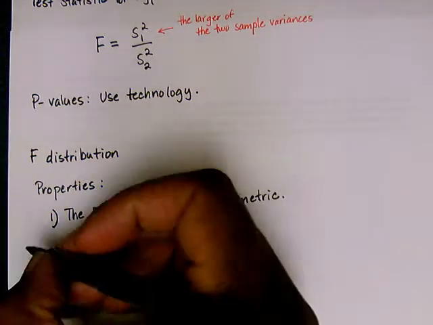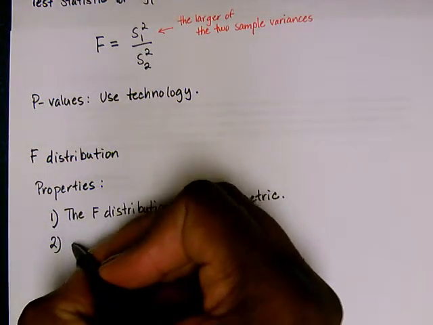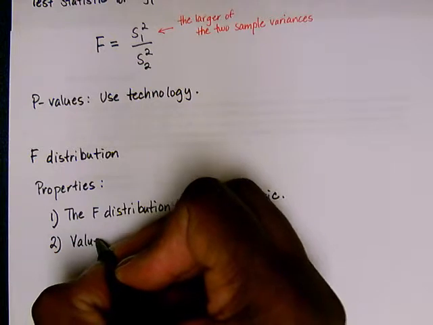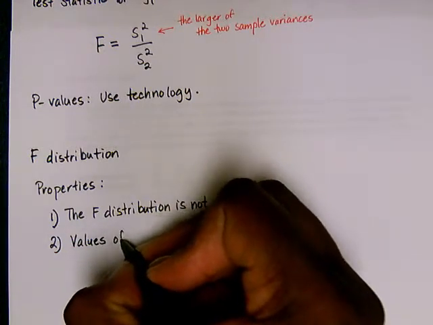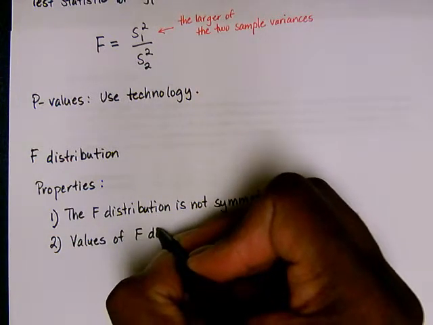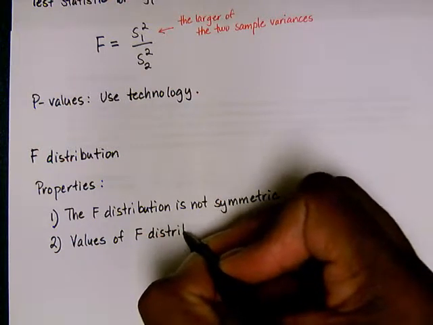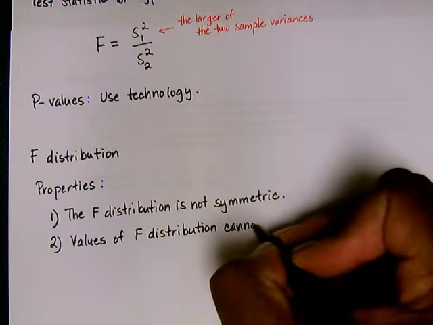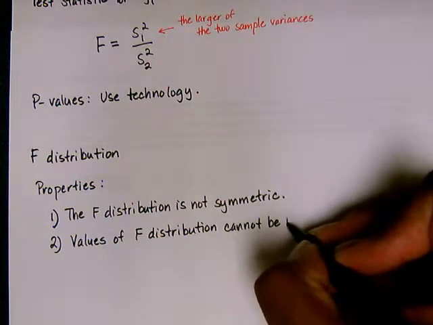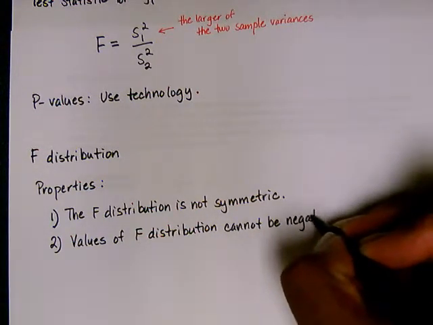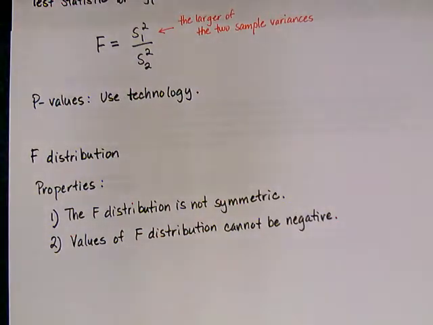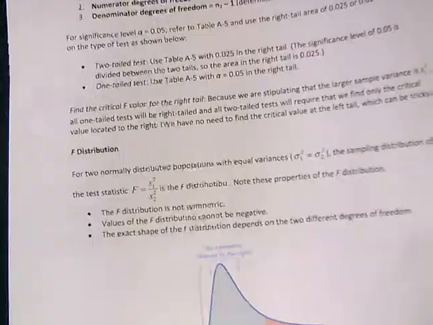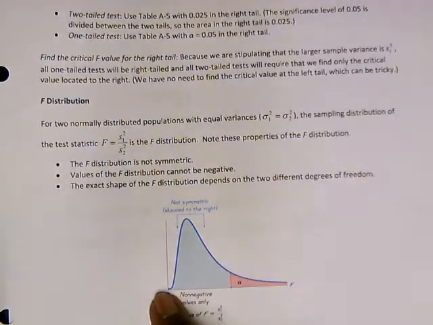And then the second property is this: the values of the F distribution cannot be negative. Pulling up that figure of the F distribution curve, you see that it starts at 0.